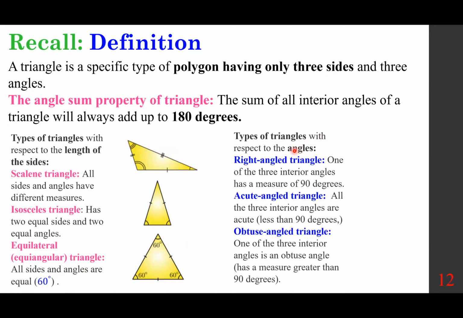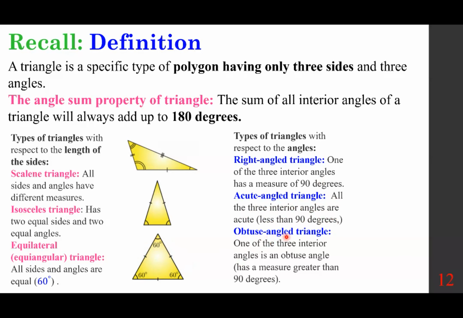Types of triangles with respect to the angles. Right angle triangle: one of the 3 interior angles has a measure of 90 degrees. That means the other two must be less than 90 degrees because they add up to 180. Acute angle triangle: all three interior angles are acute, less than 90 degrees. For example, this one, all of them are less than 90.